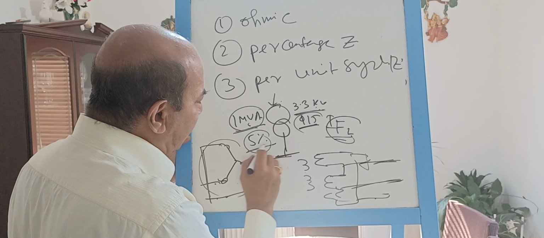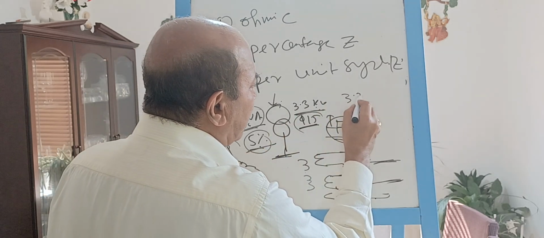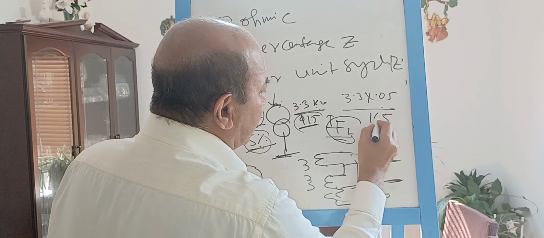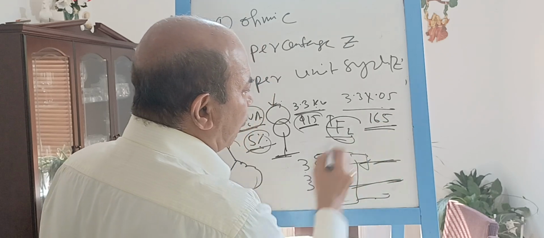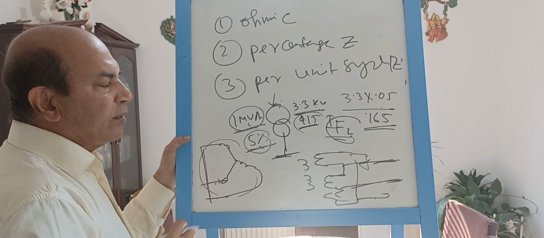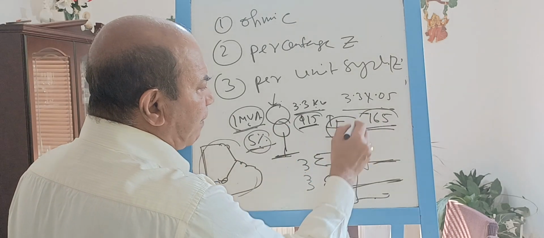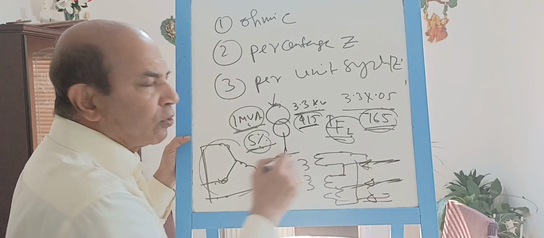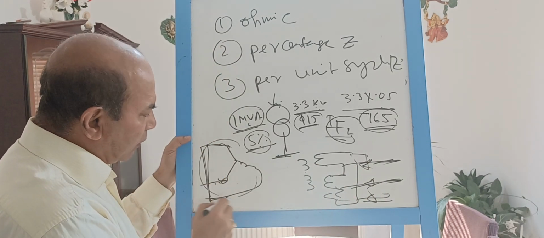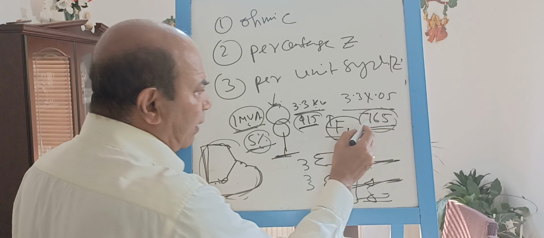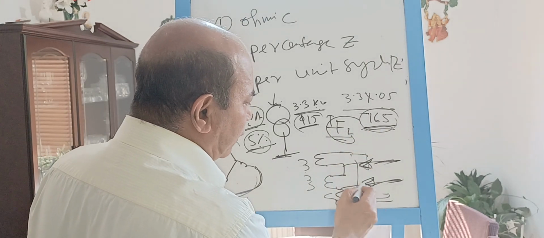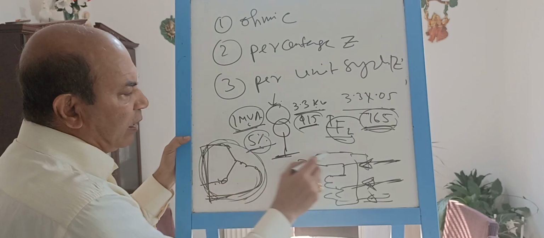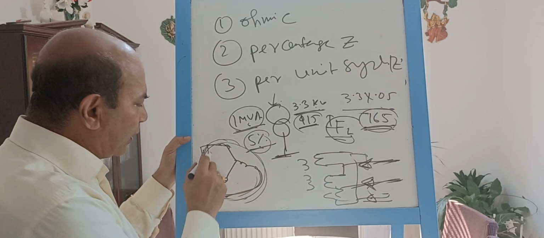If this transformer has 5% impedance, it means 3.3 kV into 0.05, that means 165 volt is required to flow the full load current. If I inject 165 volt, then the full load current will flow through the transformer, through this short circuit winding. If the 165 volt is applied, then we can see the full load current is flowing in both the windings in the short circuit. What about the full load current with the secondary shorted?